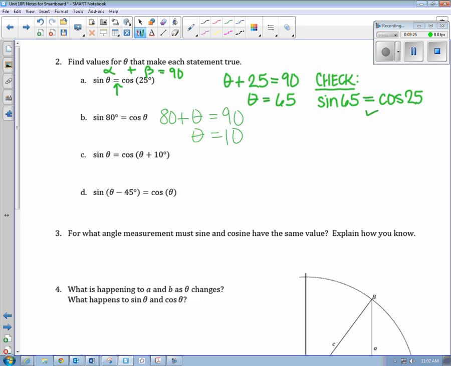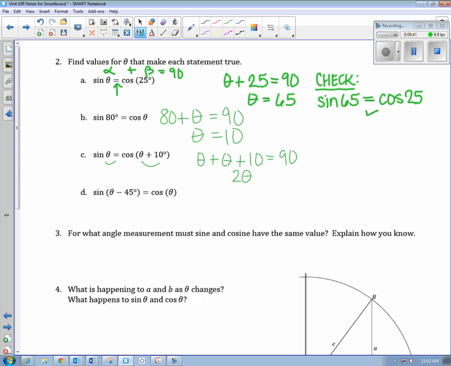Part C, I'm going to do the same thing. I'm taking the two angle measures and I'm adding them to 90 because it will be true that the sine value and cosine value will be equal when the angles are complementary. So this is 2 theta.